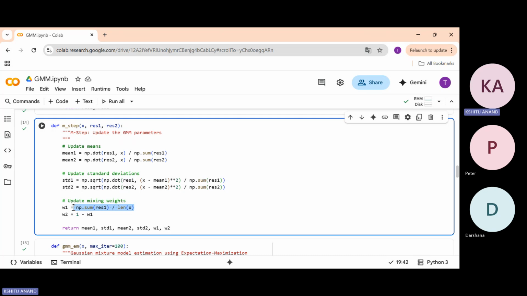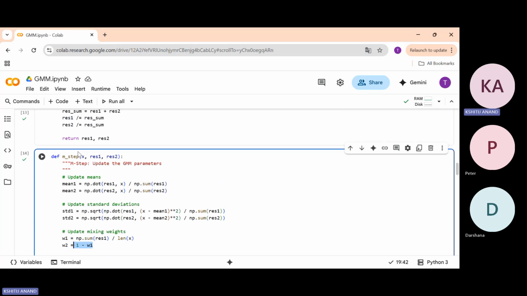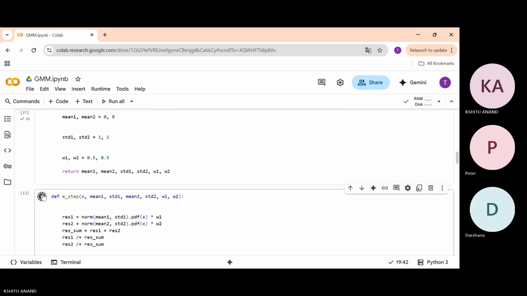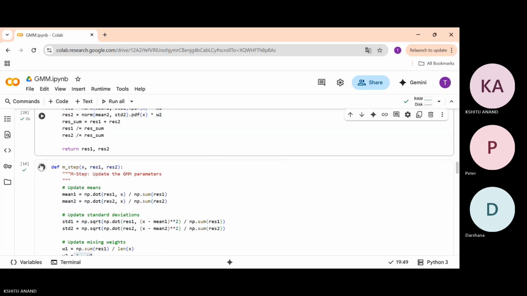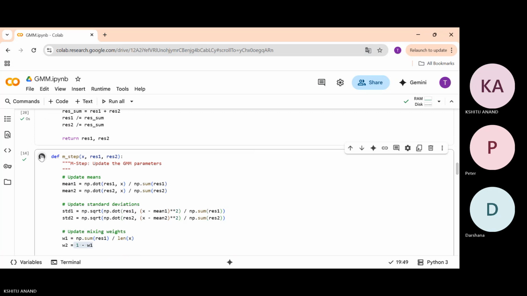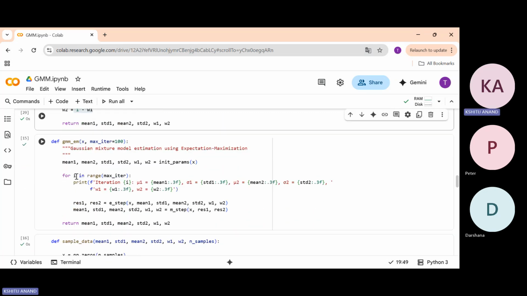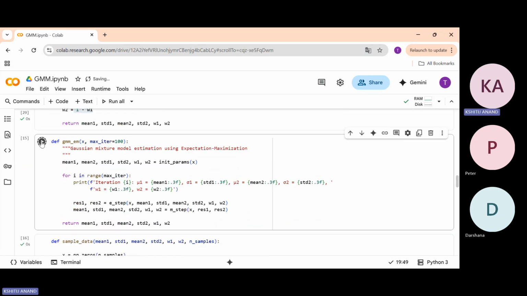The mixing weight of the second component will be simply 1 minus W1. So let me just run it. Okay, wherein we are doing iterations, we have to do this step continuously: find the responsibility, update mean, variance and weight, until you reach convergence.